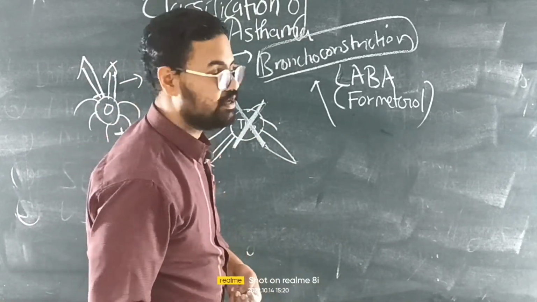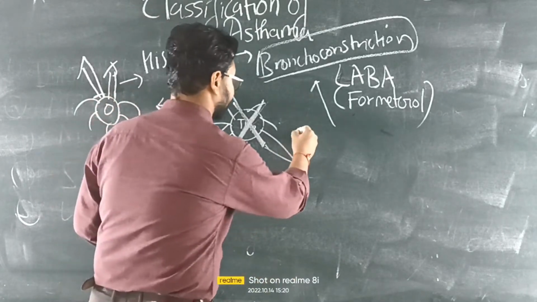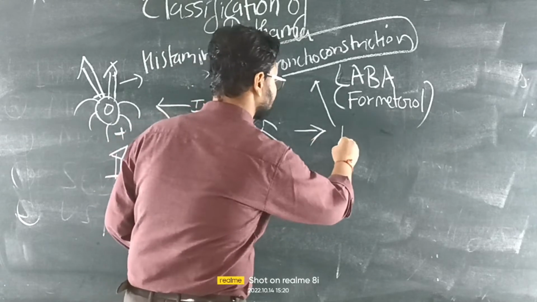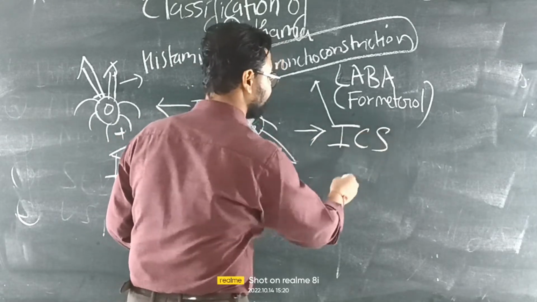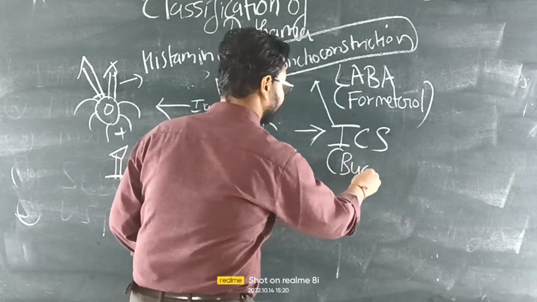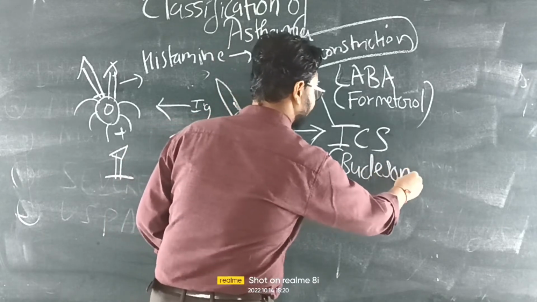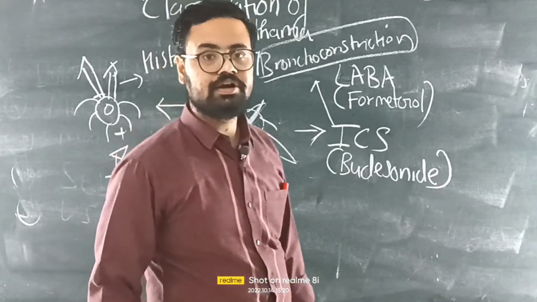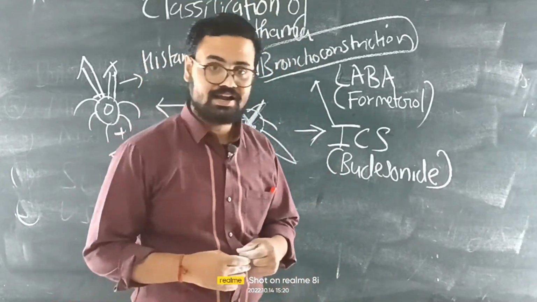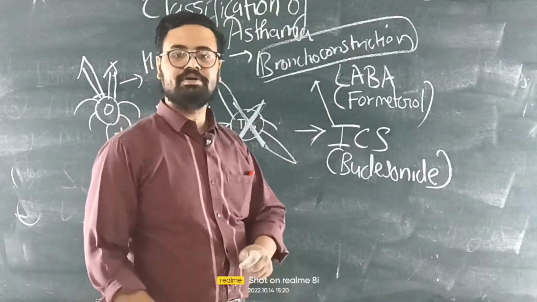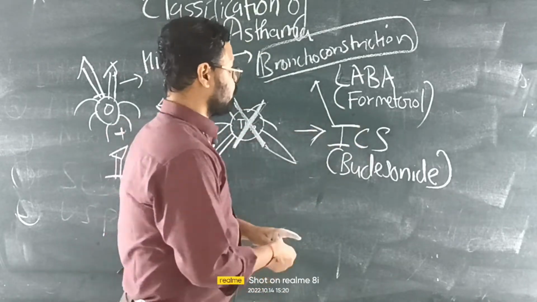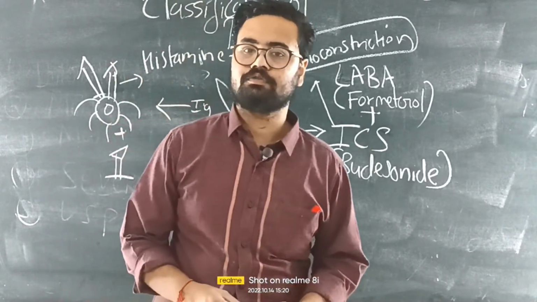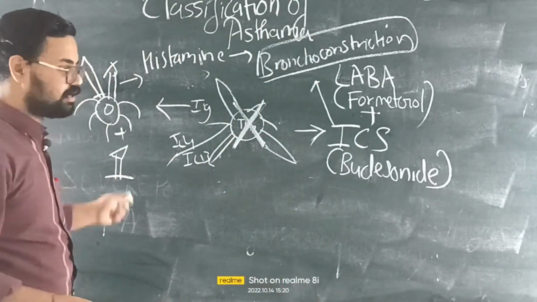By giving inhaled corticosteroid, that is budesonide. Inhaled corticosteroid budesonide plus long-acting beta agonist formoterol will be the treatment of choice in intermittent asthma.